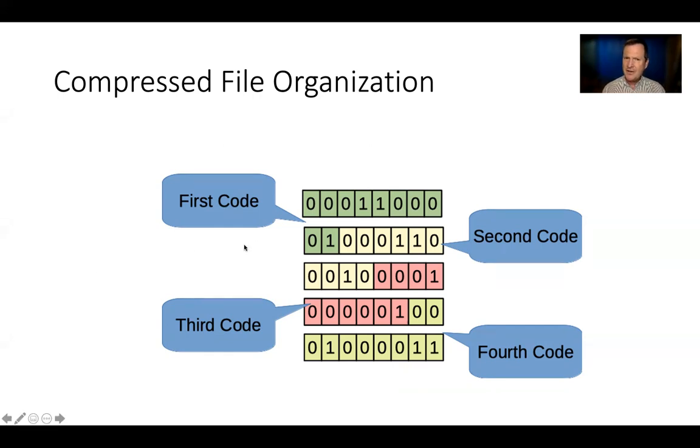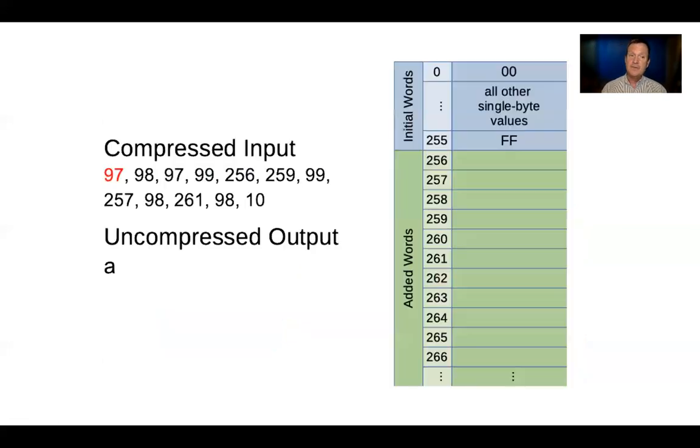And then to get a code, you'll just use, I think it's the get bit function, to look at 10 bits at a time, turn those into an integer, and then you just have to look up that line of the dictionary. So for this first code 97, line 97 of the dictionary says that's an A, a 1-byte word for an A. So we'll write that out to the uncompressed output.